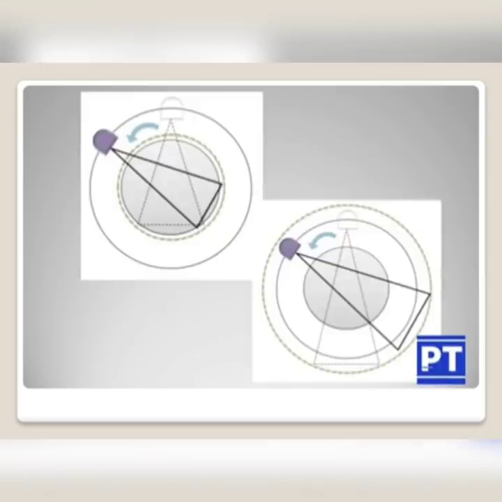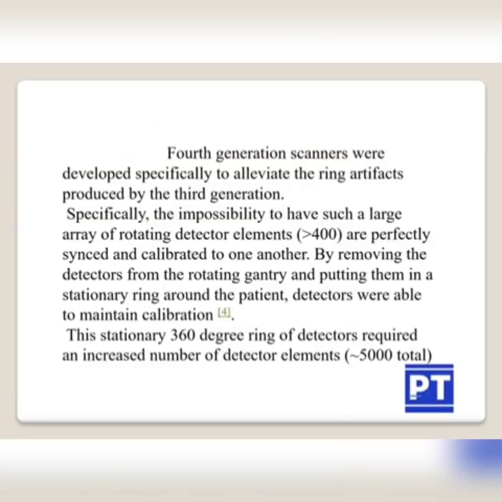So here you can see the image. A stationary detector is there and the X-ray tube is rotating inside the detector. Fourth generation scanners were developed specifically to eliminate the ring artifacts produced by the third generation. Specifically, it is impossible to have such a large array of rotating detector elements, greater than 400, perfectly synced and calibrated to one another in order to avoid these ring artifacts.